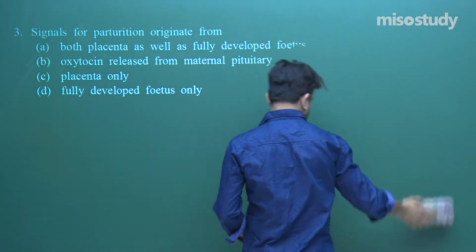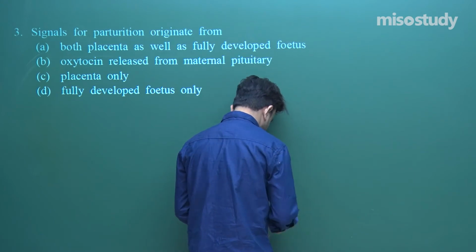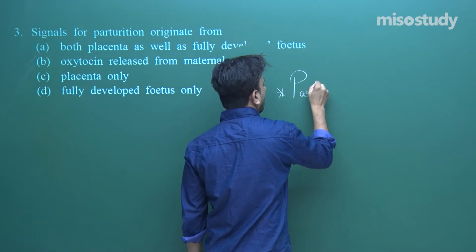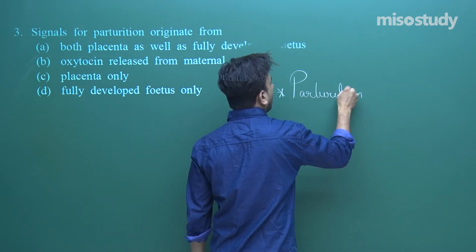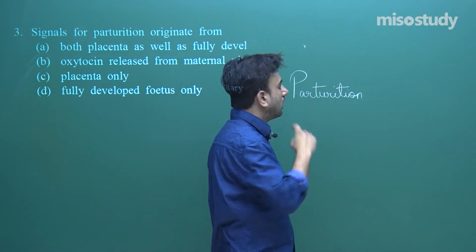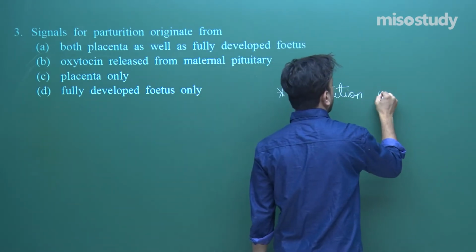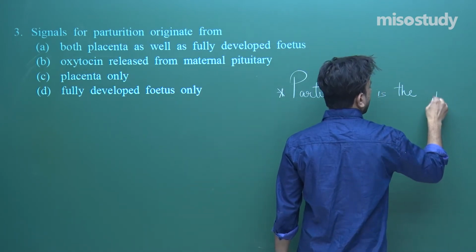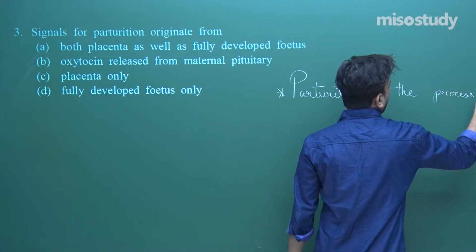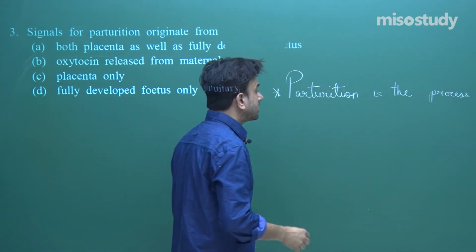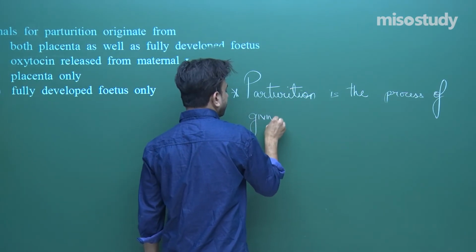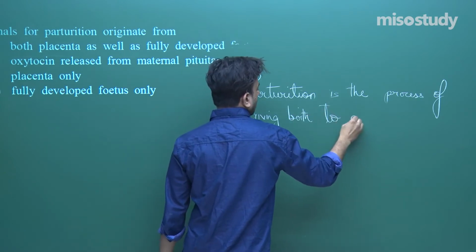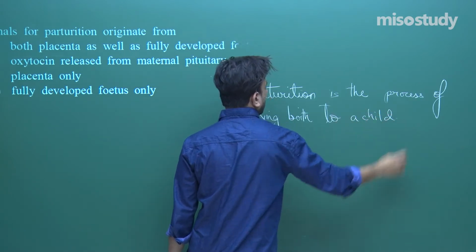So parturition is the process of giving birth to a baby, of giving birth to a child.